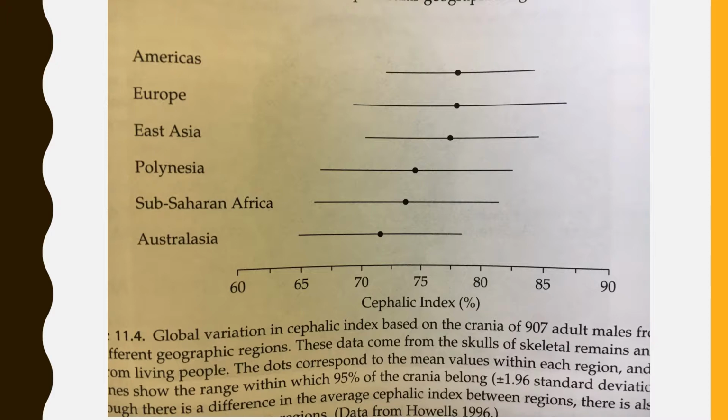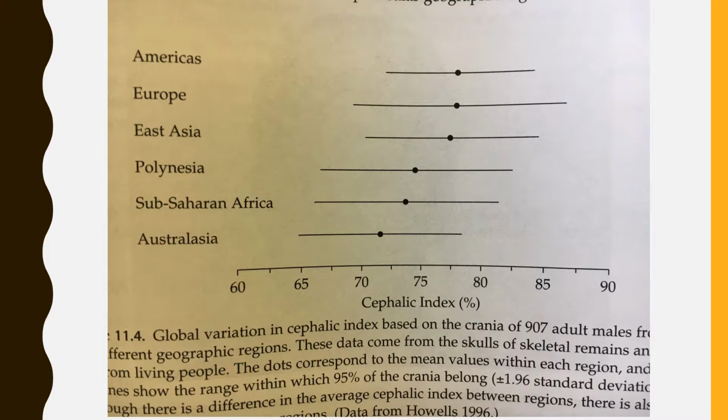While there seems to be a clinal distribution to this measurement, there is considerable variation within geographic regions where variation overlaps. For example, Koreans and Germans have the same cephalic index of 83%. So there's a relationship between cephalic index and geographic location, but it doesn't correspond to discrete groups of races.